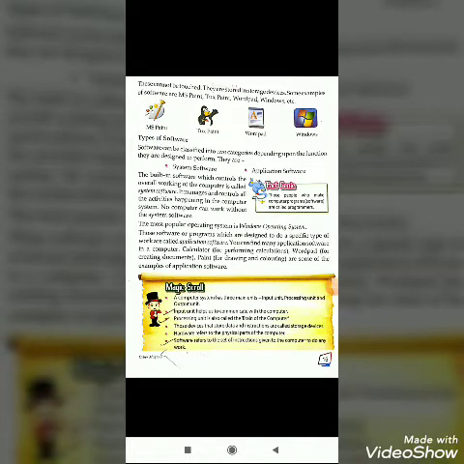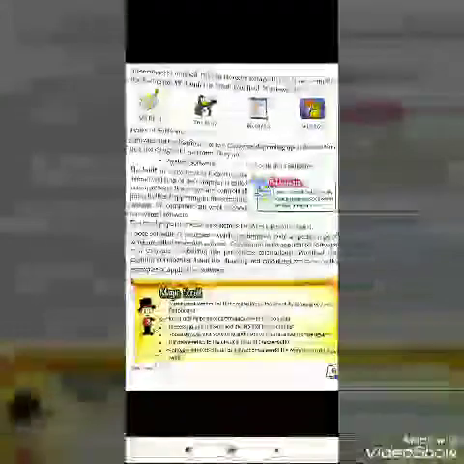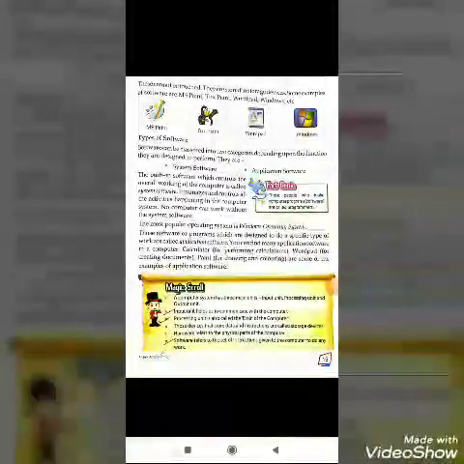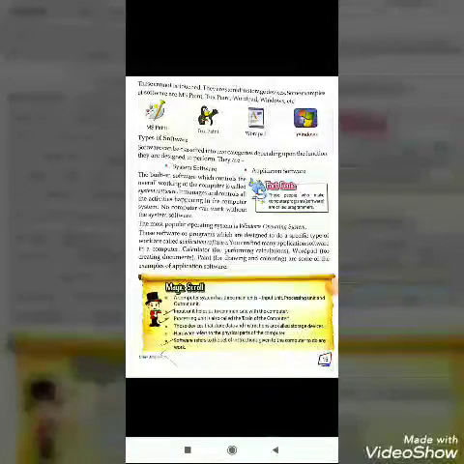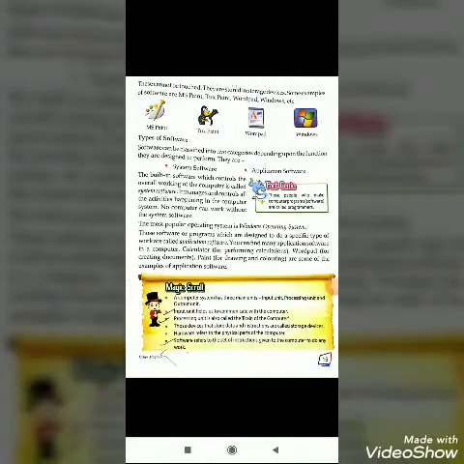The built-in software which controls the overall working of the computer is called system software. It manages and controls all the activities happening in the computer system, and no computer can work without the system software.